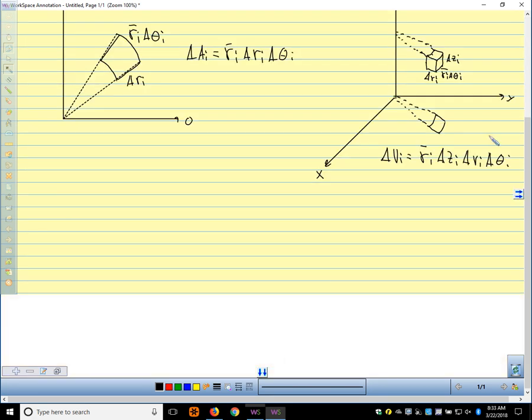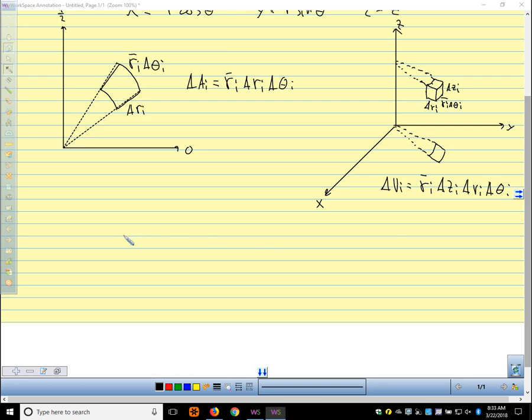I'm not going to write all that out, but we'll say form the sum over the region, and take the limit as delta v sub i approaches 0. And again, when we take that limit, what we're saying is the longest diagonal of the little chunks that we've divided the region into goes to 0.